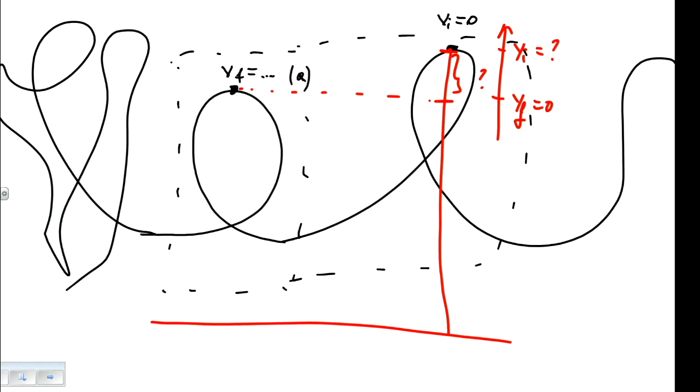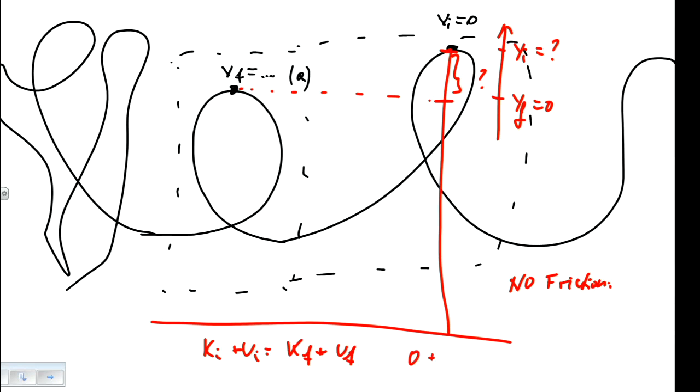And all we need to do now is just write the straightforward law of conservation of mechanical energy. Since no friction, the fastest way to solve this problem is to apply a law of conservation of mechanical energy. Kinetic initial plus potential initial equals kinetic final plus potential final. Kinetic initial is 0.